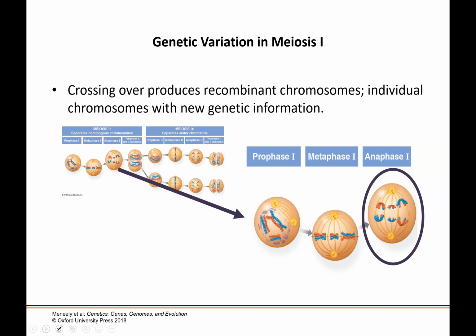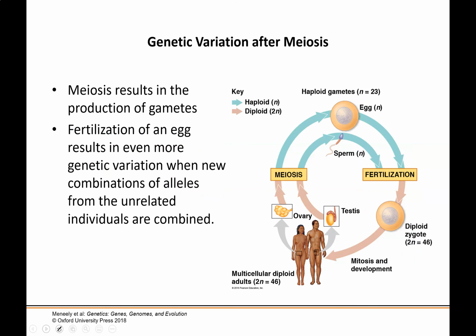And then finally, after meiosis, we get another important bit of genetic variation. And that variation comes from the fertilization of a random egg with a random sperm. So if you think about 2 individuals, one producing sperm, one producing egg, they should be unrelated.